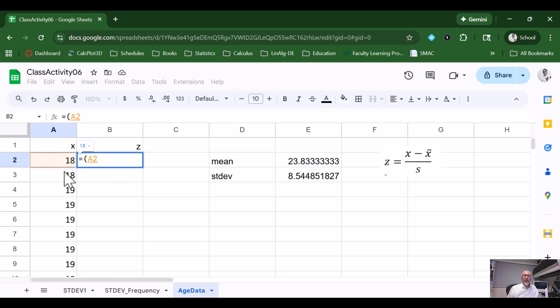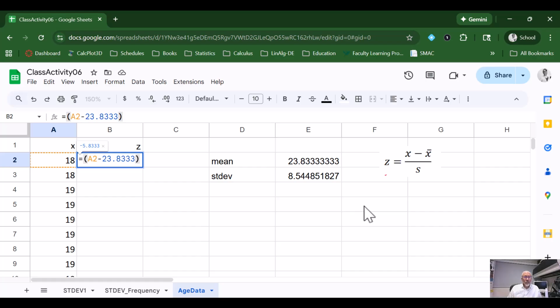I'll have an 18, so this is the A2, that's the slot. I'll say minus. Now, instead of pressing this, I'm going to actually type it in. I'm going to type in about 4 decimal places, so 2.8333. Okay. That is my numerator.